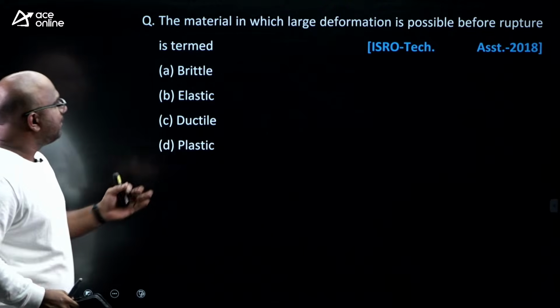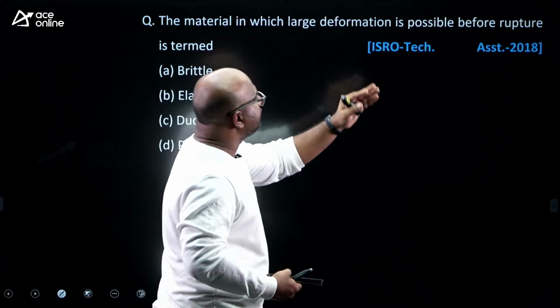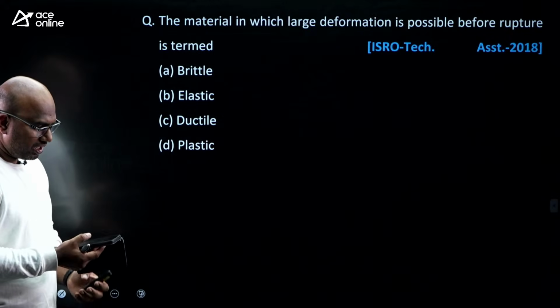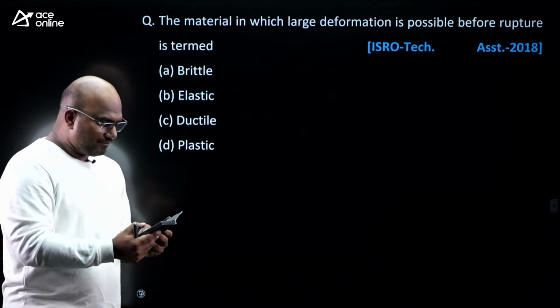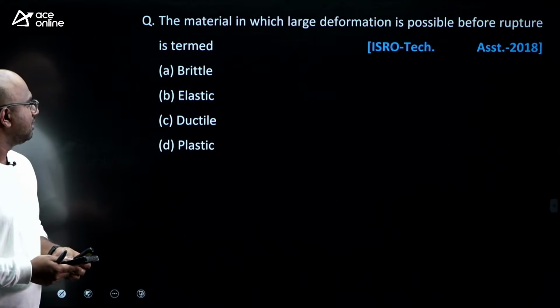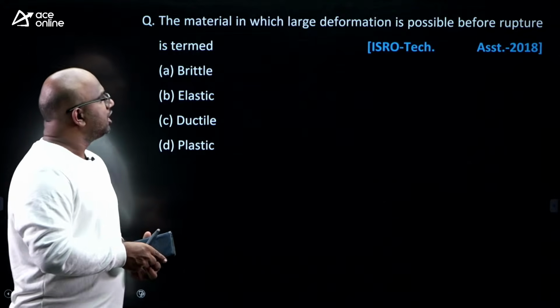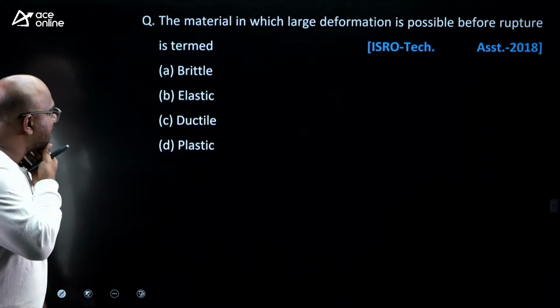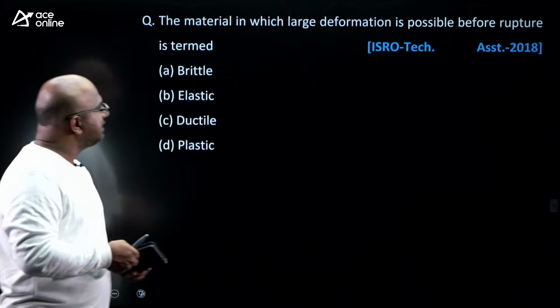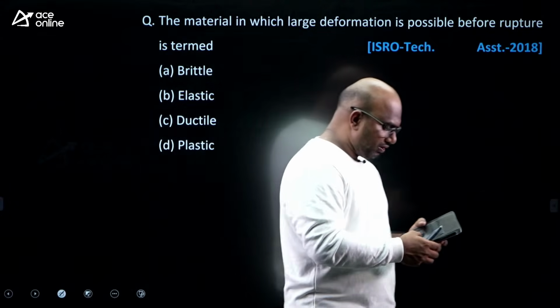Next, the material in which large deformation is possible before the rupture. Excellent, guys. Before the rupture, in which large deformation is possible: brittle, elastic, ductile or plastic? Please tell me, sir.